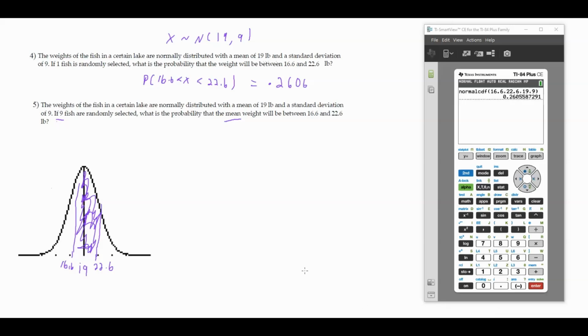Now, in number 5, note since it asks for the probability of a mean weight being between these values, I'm no longer talking about just the random variable X. I'm talking about the sample mean of the random variable, X bar.